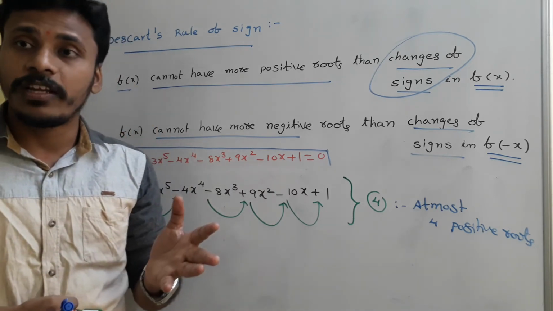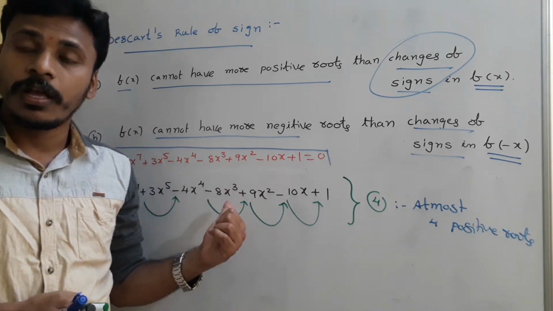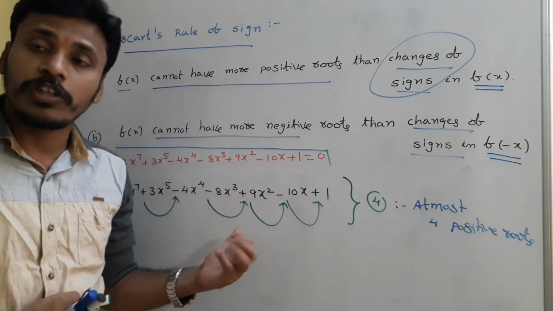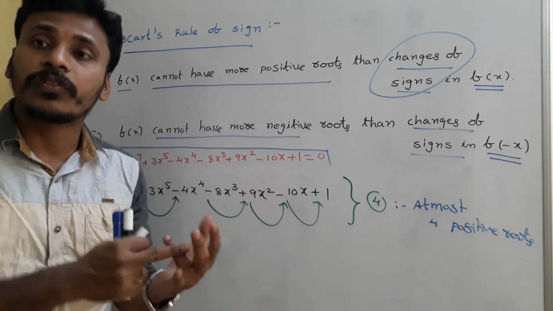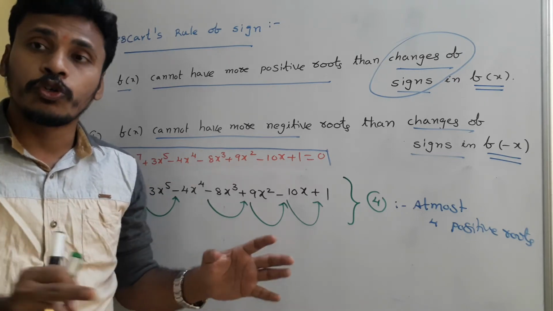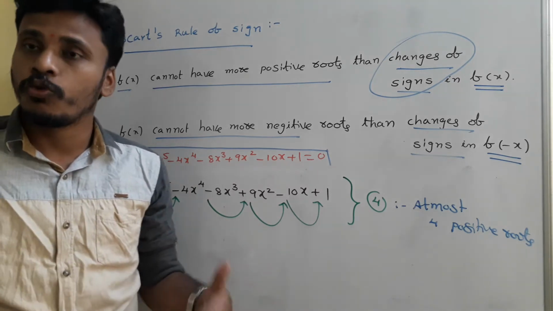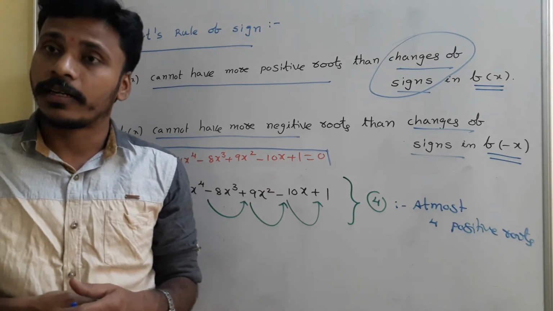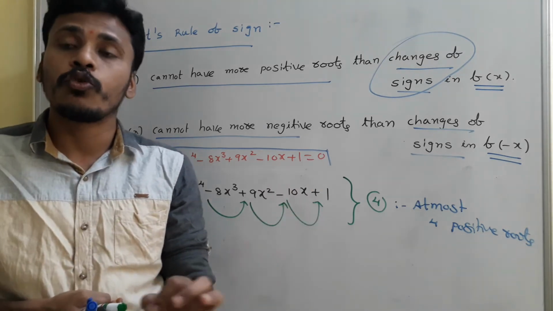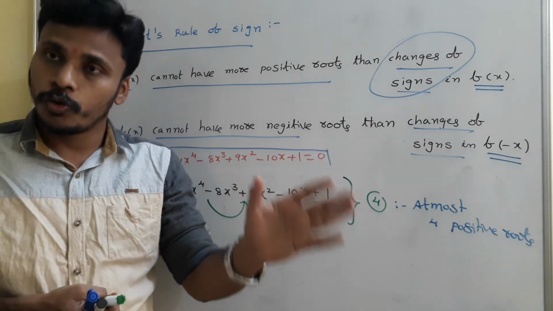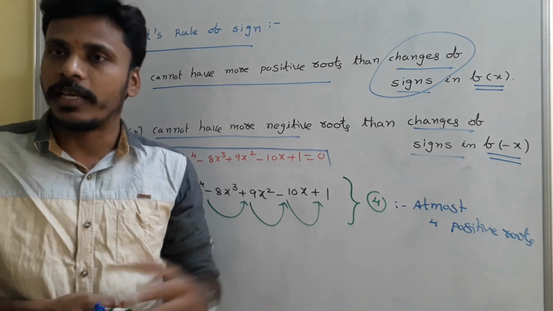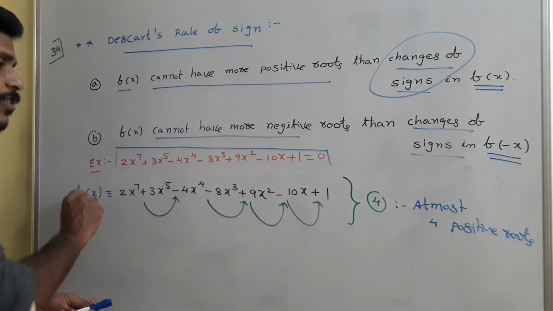The number of positive roots may be 0 or 1 or 2 or 3 or 4. But one thing is sure, it can't have 5, 6, or 7 positive roots. So at most 4 positive roots means any number less than or equal to 4. So this is f of x.